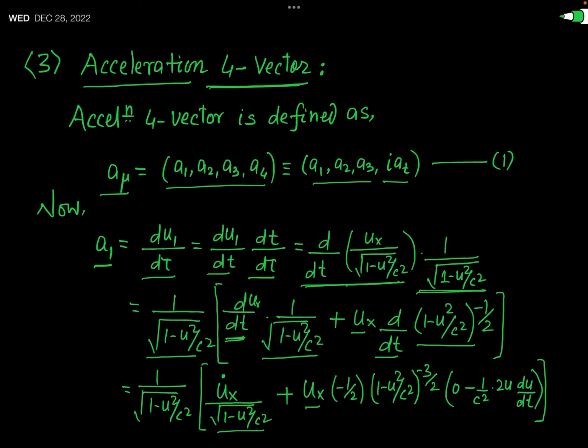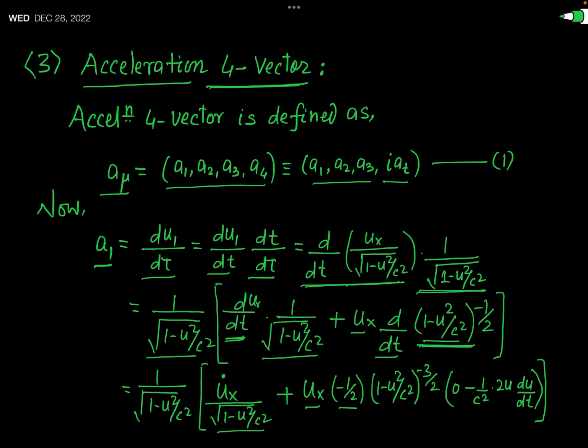Now let us try to differentiate this function, 1 minus u square by c square to the power minus half. As you can see, this is just a function of a function. So this 1 minus u square by c square whole to the power minus half, first of all, will be differentiated with respect to 1 minus u square by c square. And what will that be?